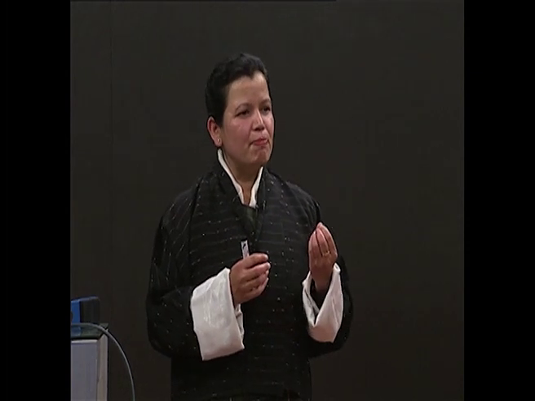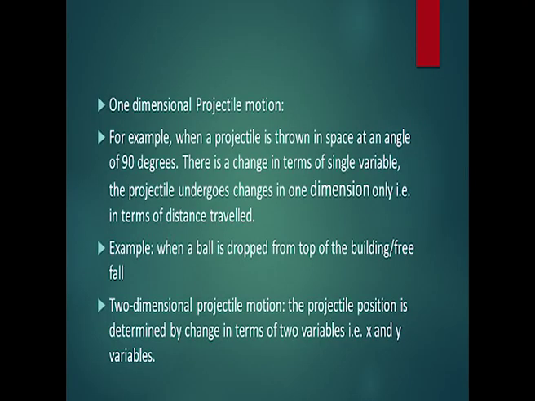Now, let us go to two-dimensional projectile motion. What is meant by two-dimensional projectile motion? Two-dimensional projectile motion refers to when we send a projectile or throw a ball at a certain angle, and the path taken can be traced in terms of change in two variables.